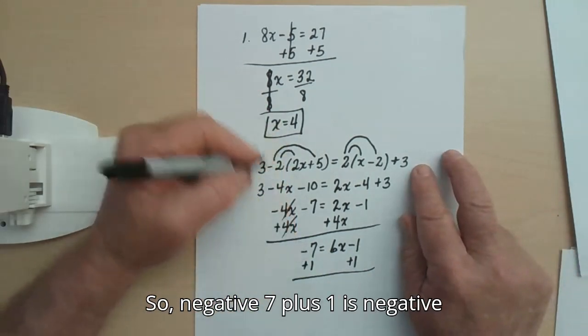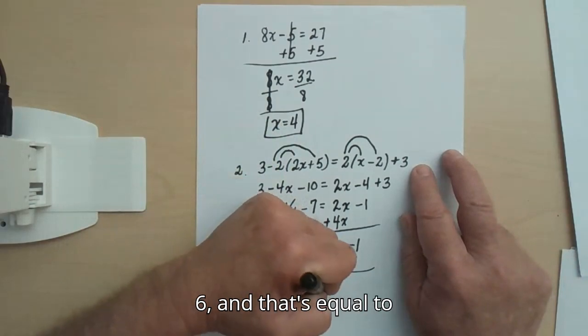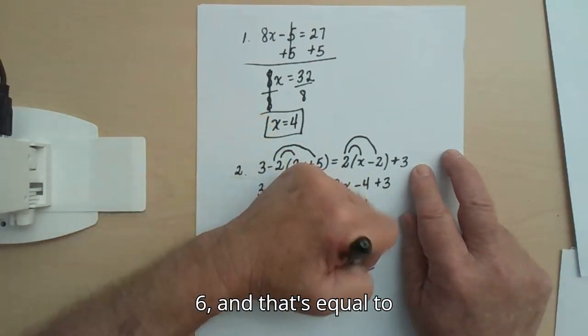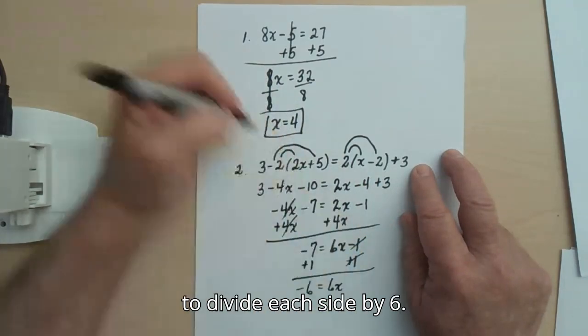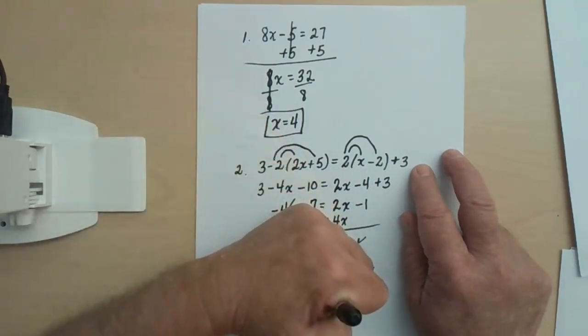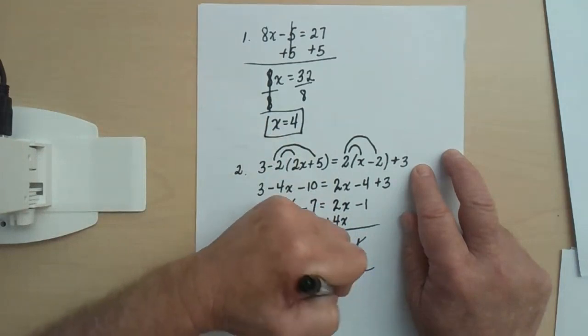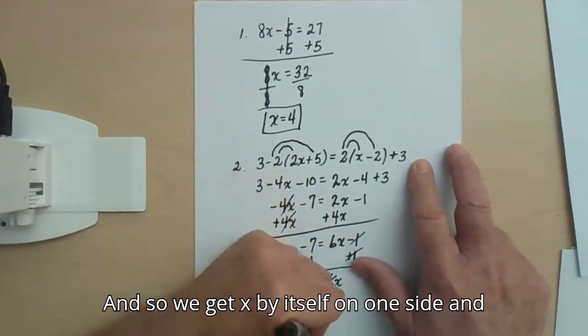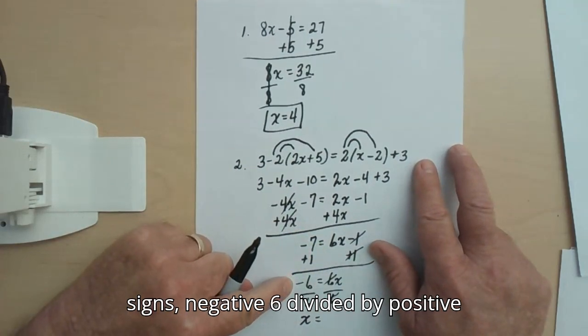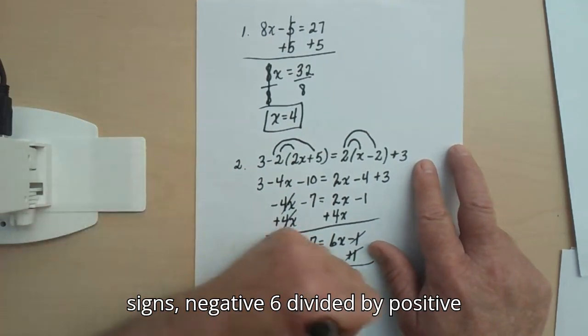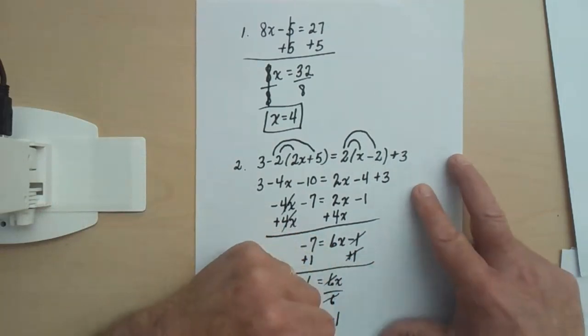So negative 7 plus 1 is negative 6, and that's equal to 6x, right? And of course, we just need to divide each side by 6. And so we get x by itself on one side, and on the other side, remember to watch your signs. Negative 6 divided by positive 6 is negative 1.